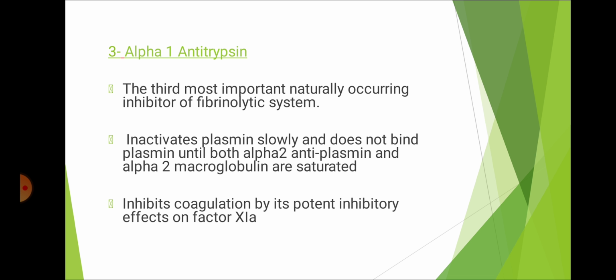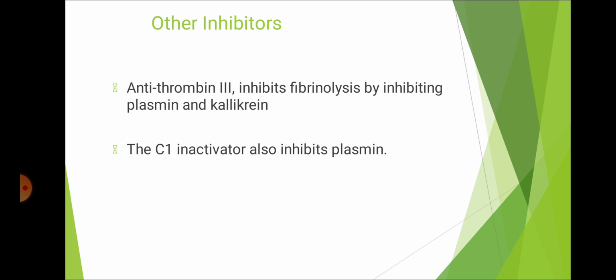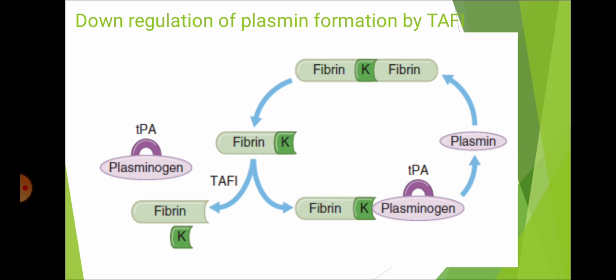It inhibits plasmin slowly and does not bind plasmin until both alpha-2 antiplasmin and alpha-2 macroglobulin are saturated. It inhibits coagulation by its potent inhibitory effects on factor 11A. The other inhibitors are antithrombin 3, which inhibits fibrinolysis by inhibiting plasmin and kallikrein. The C1 inactivators also inhibit plasmin.